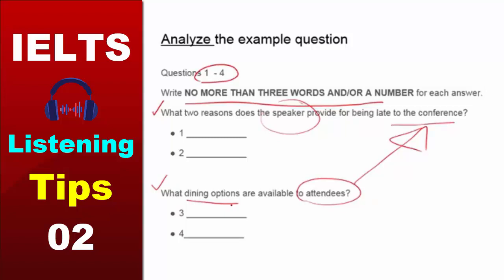We don't know exactly that this is true, but this information helps us a lot because as we listen to the passage, we know there may be 2 basic parts to it: 1 about this discussion about lateness and 2 about dining options. And we know that since answers come in order, we can expect to look for that information at the beginning and end of the passage. Just taking a quick look, we've already gathered quite a bit of information by analyzing these questions. Now we're ready to listen and see if we can fill in those gaps.